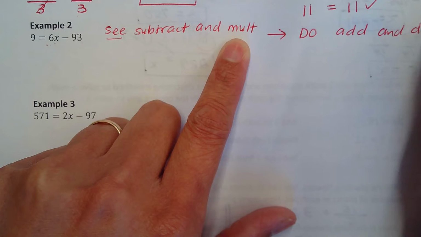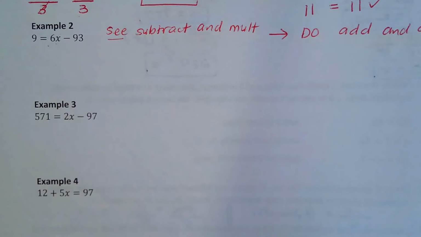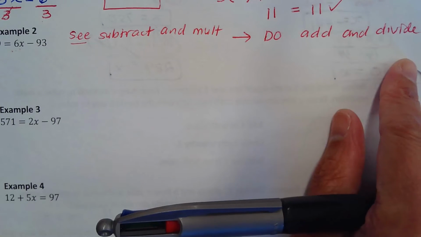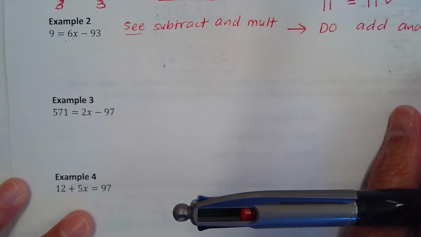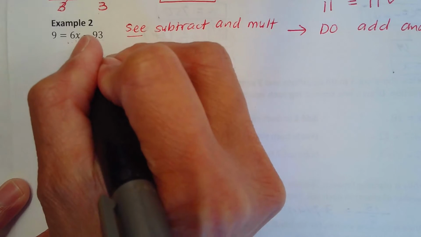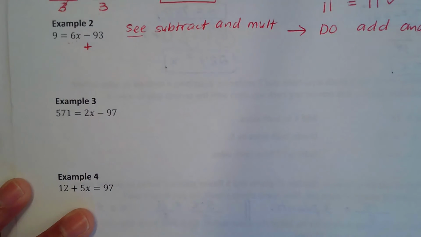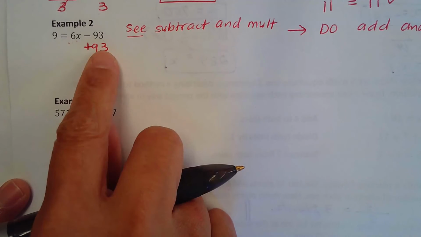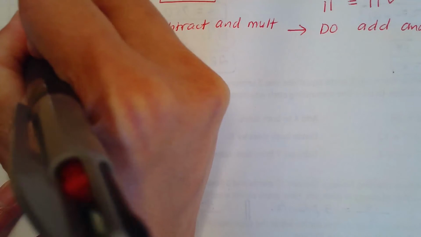So we're going to do addition and dividing. We'll do the adding first. Add what? 93, because it subtracted 93, so we have to add 93 on each side.